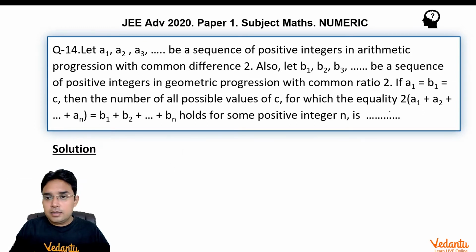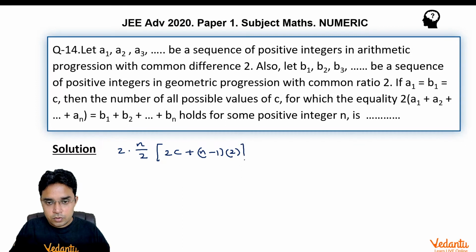So in this equation we can directly write the formula for the sum of n terms. It will be 2 into n by 2 into (2c, where c is the first term, plus n minus 1 into d), and d here is given to us as 2. On the right hand side, the sum of n terms of the GP, the first term is c into (2 raised to the power n minus 1) upon (2 minus 1), as the common ratio is also 2.